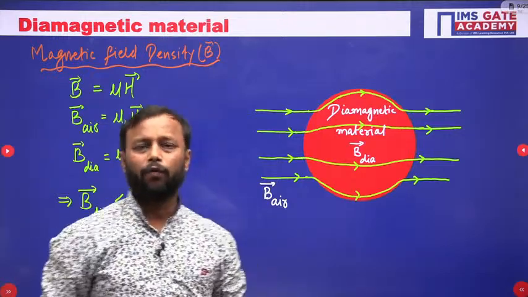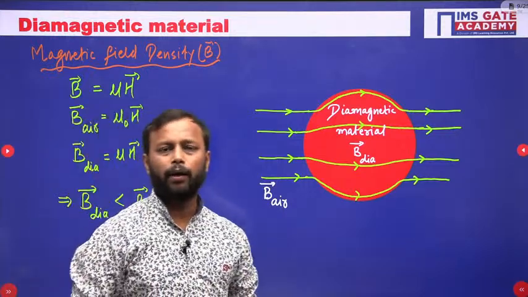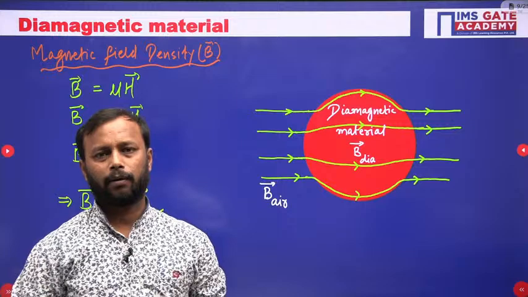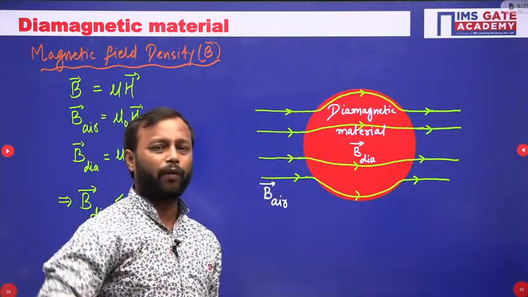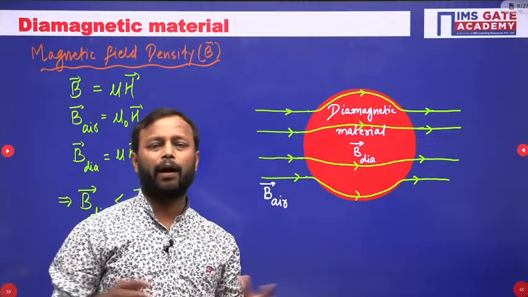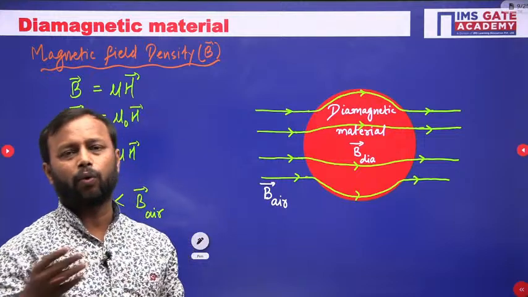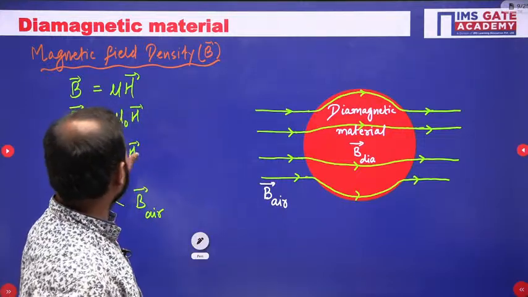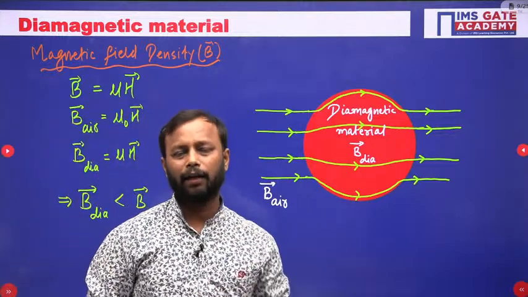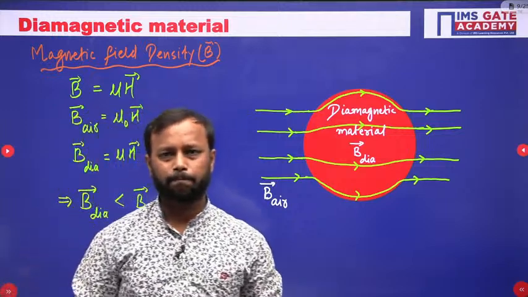Because we want the flow of magnetic flux to be as easy as possible. But if the magnetic field is apart, the opposition offered to the magnetic flux will be higher, and therefore it will be difficult to transfer the energy from one side to another. So we cannot choose diamagnetic material as the core of the electrical machine.